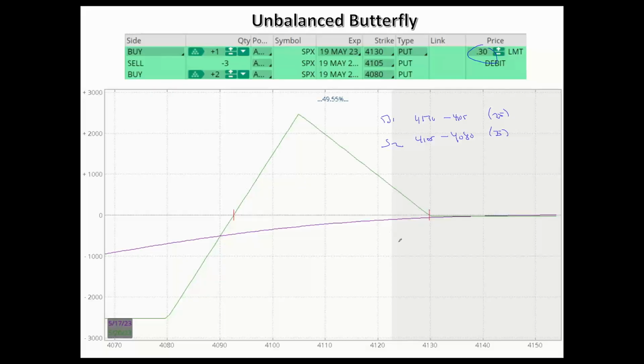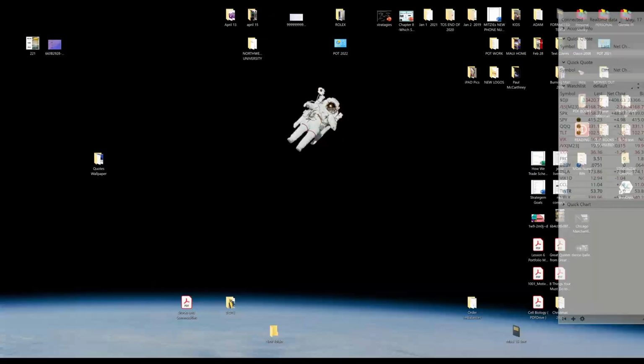Now, the beautiful thing is the time decay on this. You see it does have risk though. When you're dealing with the condor and the butterfly, the only risk is what you pay. In order to get this cost down, we're adding risk by selling extra units, because a $25 wide butterfly is going to be very expensive as a package.